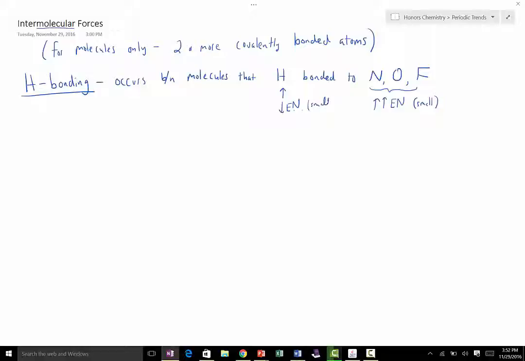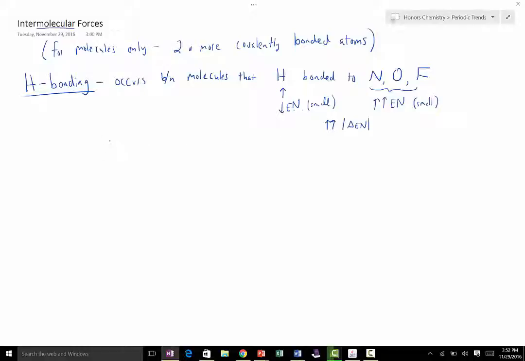So when you have two small atoms getting together with a huge difference in electronegativity, you spread that huge electronegativity difference over a short distance, and what you get is a very, very polar bond.